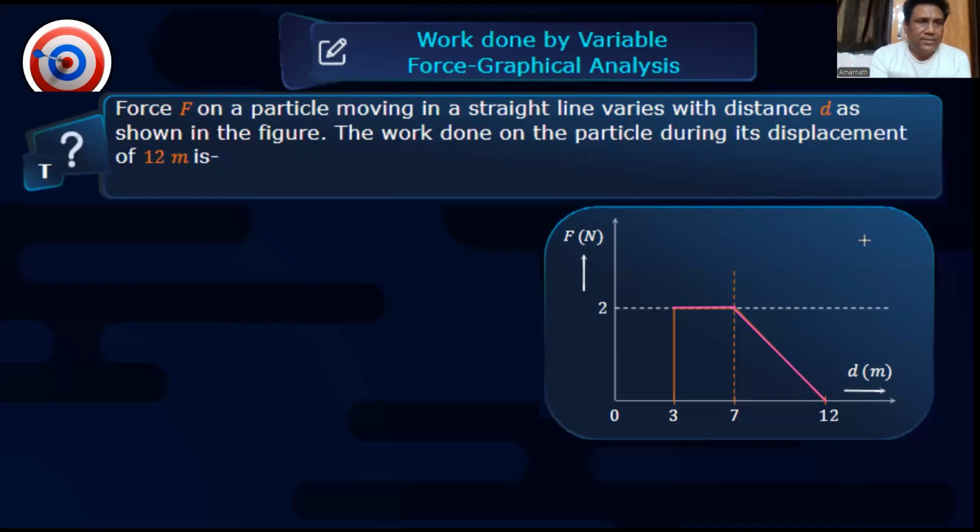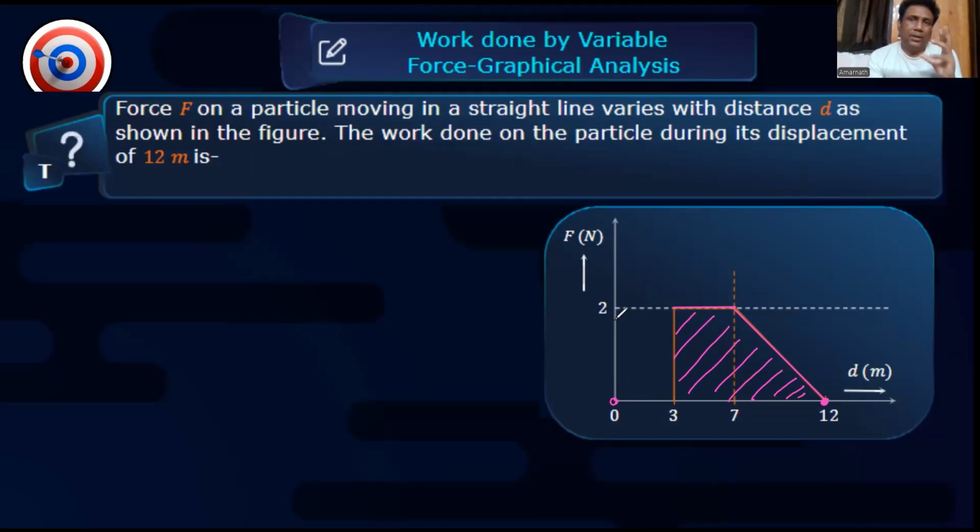In the question, it is said that force F on a particle moving in a straight line varies with distance as shown in the figure. The work done on the particle during the displacement of 12 meters. Here the displacement is from 0 to 12 meters, but I have to calculate the area of this portion only. Why? Because before that, force was 0.